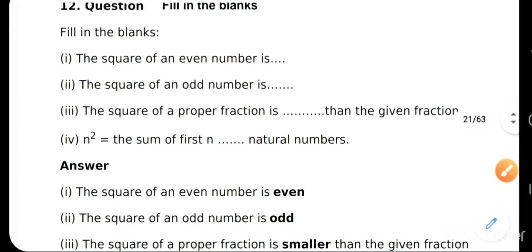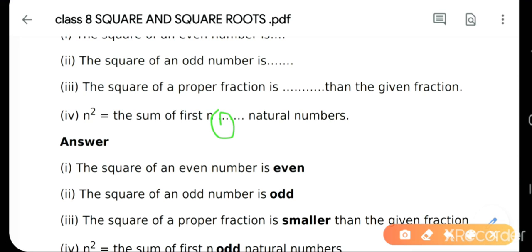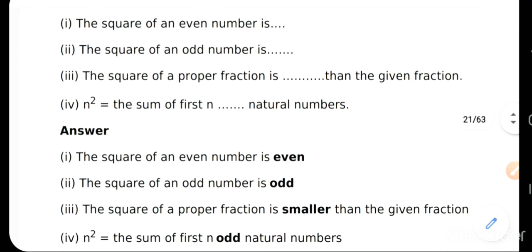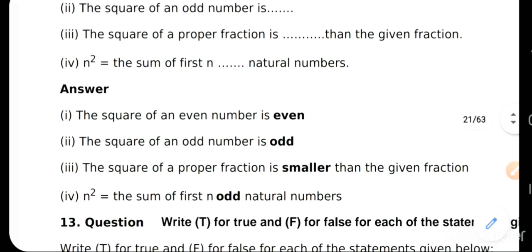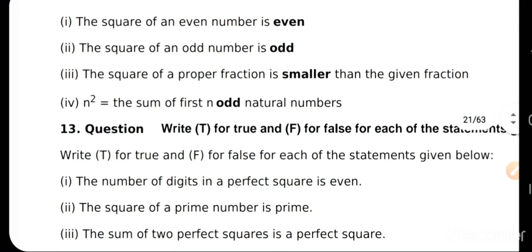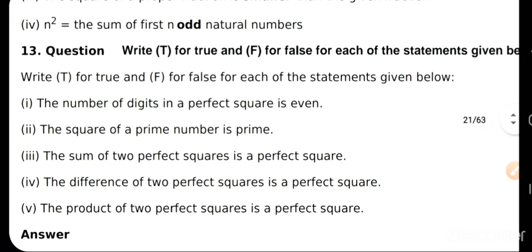Now n square, the sum of first n odd natural numbers. Odd. Okay, there will be odd. So now have a look at the solution of this question.